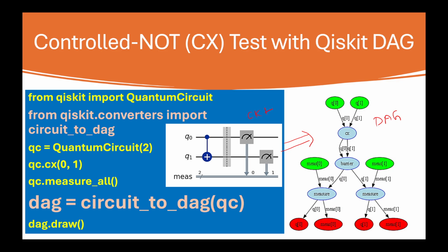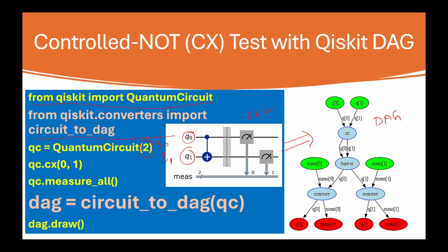First you import the Qiskit library files and the converter, that is, circuit to DAG. DAG is a directed acyclic graph, and we have mentioned a 2 qubit circuit, Q0 and Q1. That's why it is mentioned 2: one qubit is Q0 and the second one is Q1.